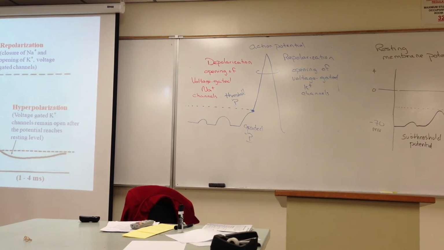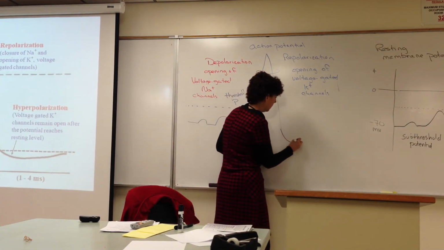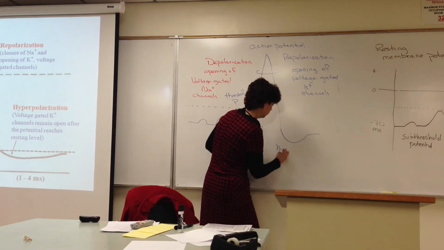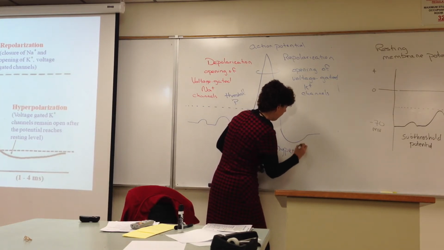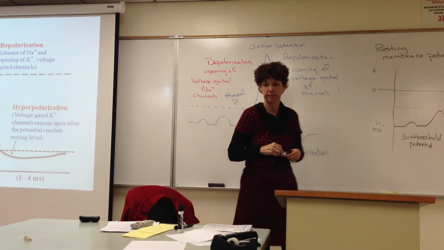We move sodium out of the cell, and potassium channels actually stay open a little bit too long, and we end up hyperpolarizing. Plus, our sodium-potassium pumps are now moving the sodium back out to reset the proper resting membrane potential, and so we end up losing a little bit too much of our positive ions, and so we end up with hyperpolarization. And that's under the threshold. Too far away from 0.